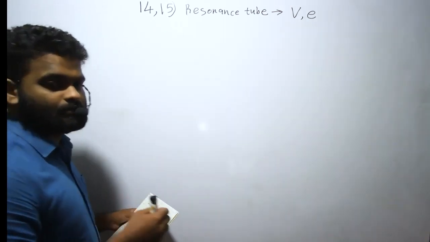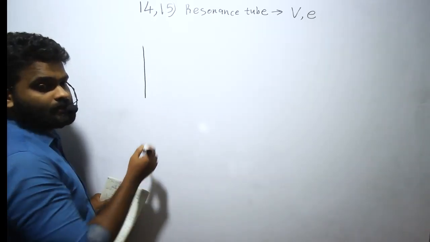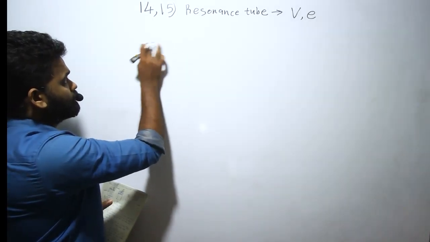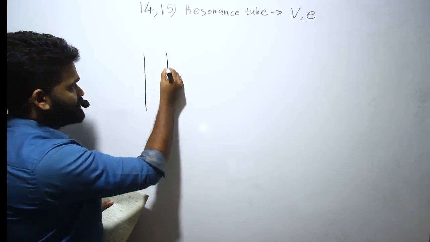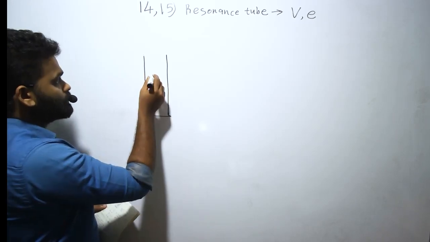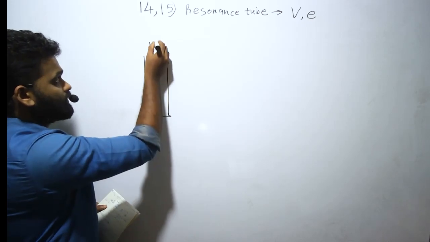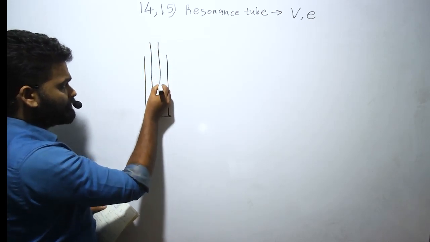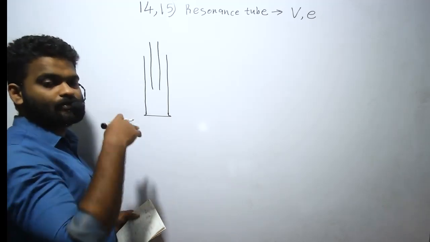You can draw this with me. We need a tall glass jar. Then you have to immerse the pipe. The diameter of this pipe is about 2.5 centimeters and the length is usually 50 centimeters.